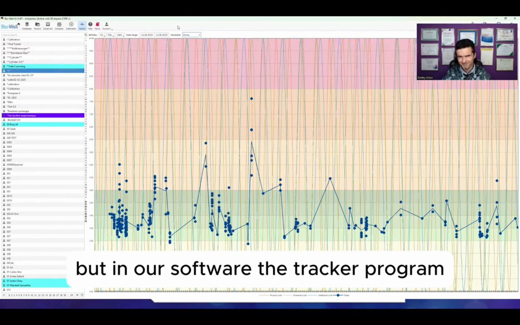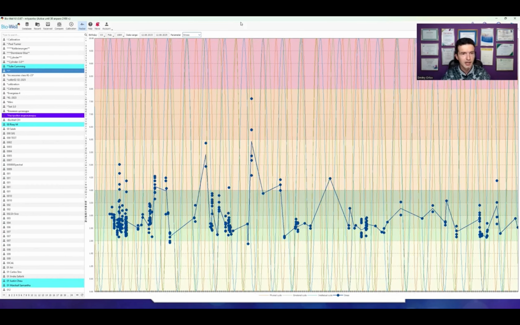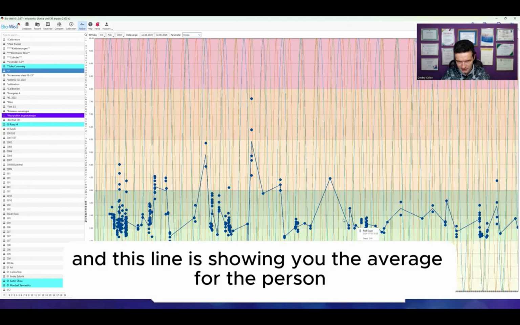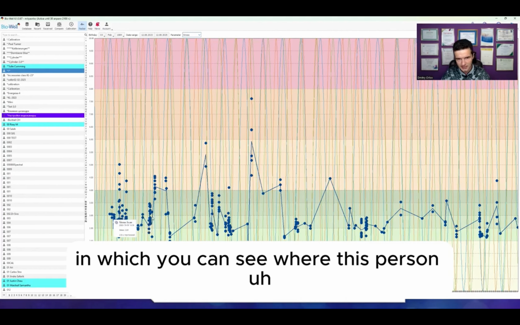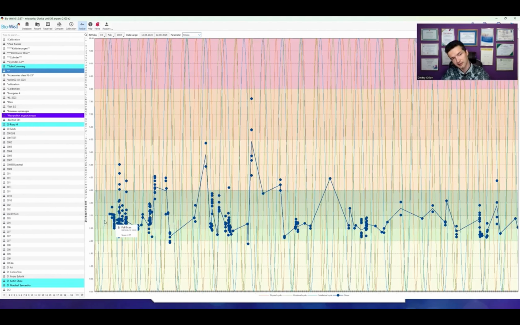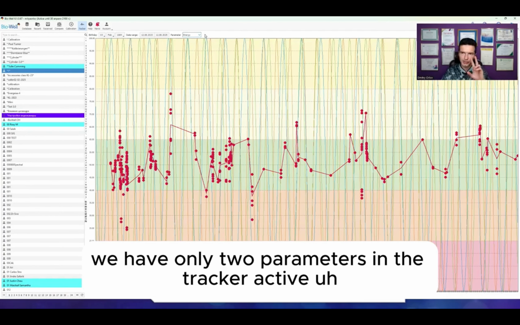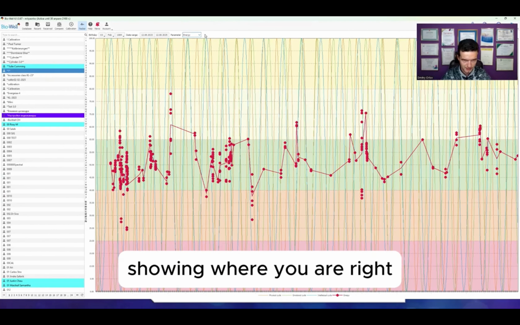The Tracker program has appeared 4 years ago, I don't remember exactly. But this is the place where you can see these values, and this line is showing you the average for the person within time. So you can select the period in which you can see where this person stands in terms of stress and energy. At the current moment, we have only two parameters active in the tracker, and you can see this average graph showing where you are, right?